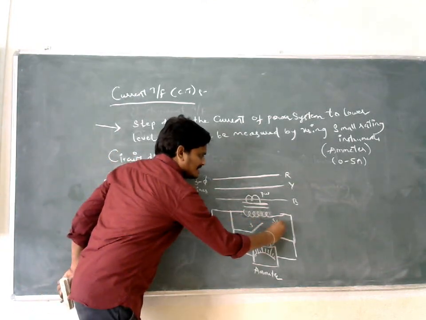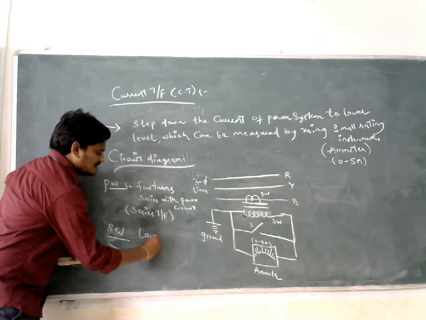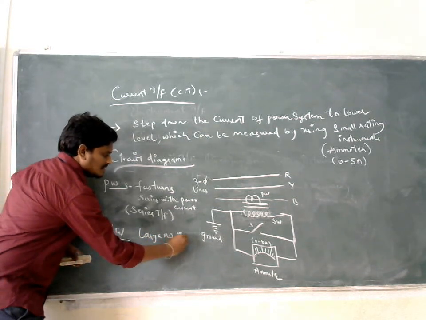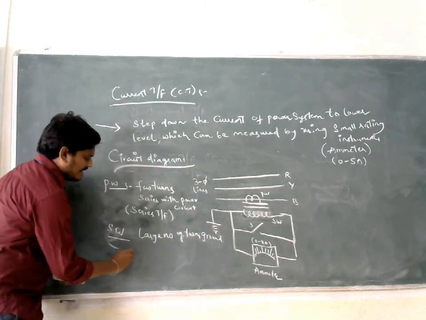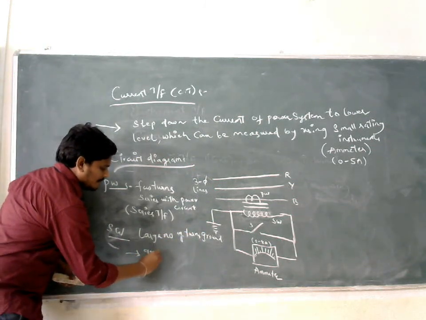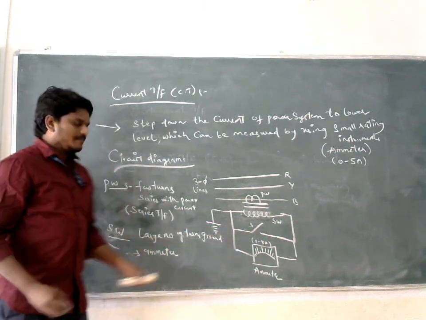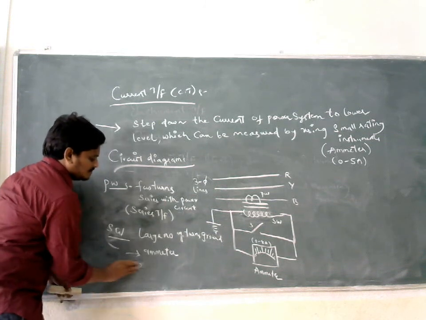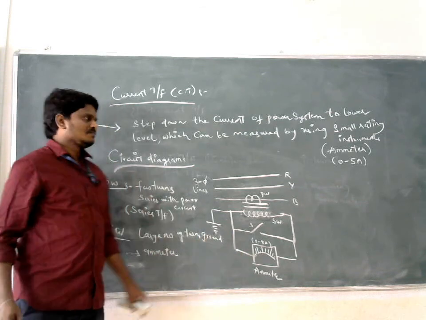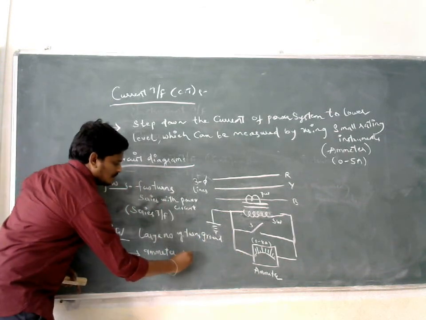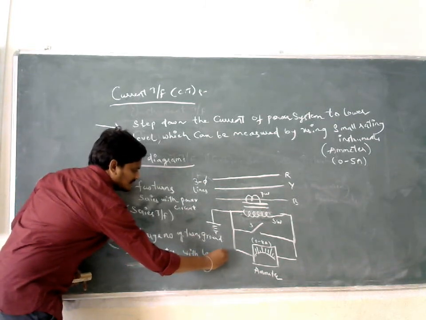Now we will go with the secondary winding. This is treated as a secondary winding here. Here the secondary winding consists of large number of turns and is directly connected to an ammeter through switch S, with low value of resistance.